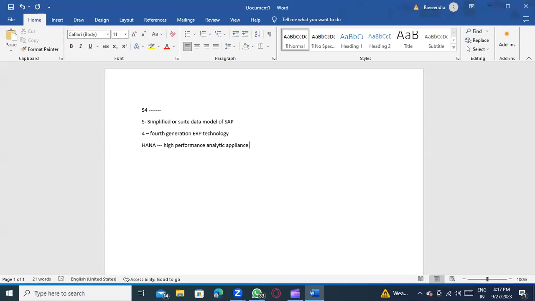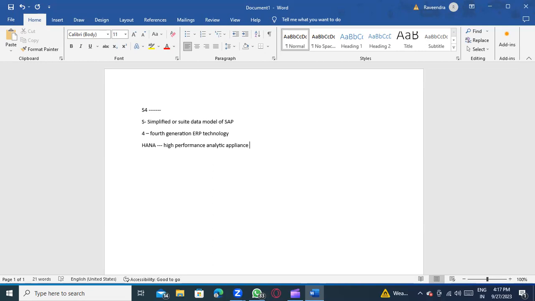All these things they can do easily. So it was released in 2015. The platform is considered the biggest change in the SAP core, because we have user-friendly apps and it is faster compared to others.